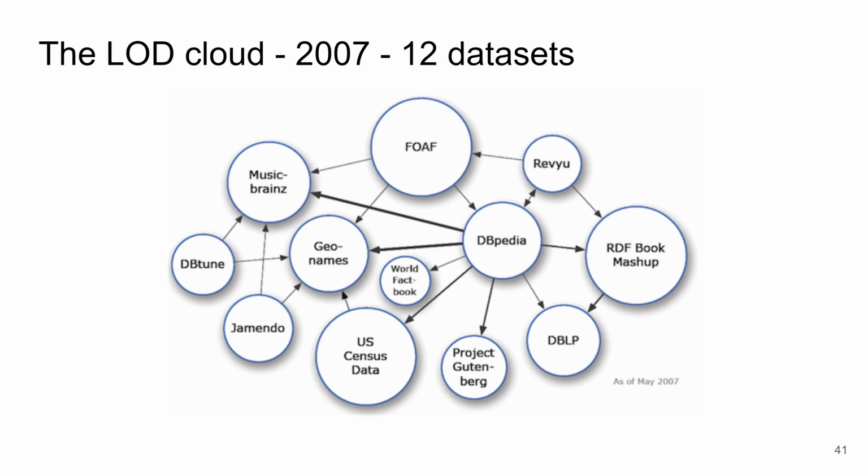It consisted of 12 datasets. The circles in this image represent the individual datasets, which each consists of a set of triples. And the bigger the circle, the more triples in the dataset. Now the edges between 2 datasets mean that there are RDF triples in the first dataset which have subject from the first dataset and object from the second dataset.